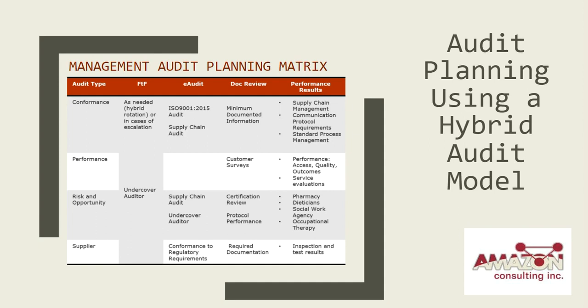So what I'm suggesting here with the face-to-face is that maybe the face-to-face tool is used in a hybrid rotation. So maybe in a 3-year period, you go boots on the ground at a location, but use the e-audit, the other two.